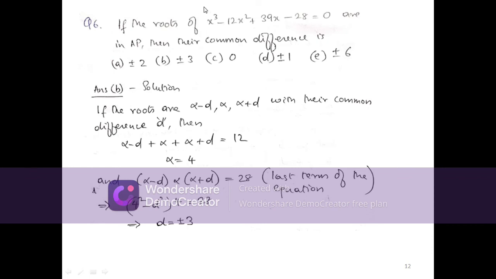So if it is 3x cube minus 12x square, you divide the entire RHS and LHS by 3, so you will get x cube minus and so on. The second term will be the sum of all the roots, and the last term, that is a constant, will be the product of all the roots. Okay, so we'll go into the next question.